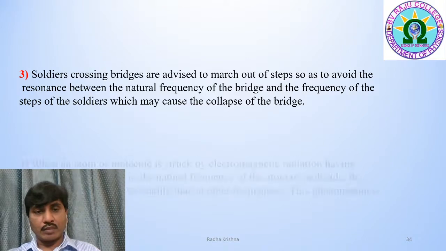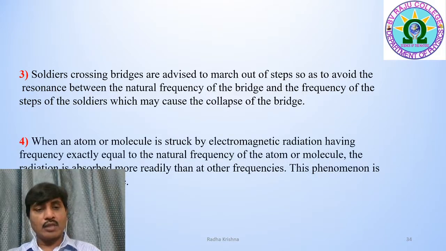The fourth example is when an atom or molecule is struck by electromagnetic radiation having frequency exactly equal to the natural frequency of the atom or molecule, the radiation is absorbed more readily than at other frequencies. This phenomenon is called optical resonance. That means in a substance, the atoms or molecules are in a vibratory state. They have some natural frequency.